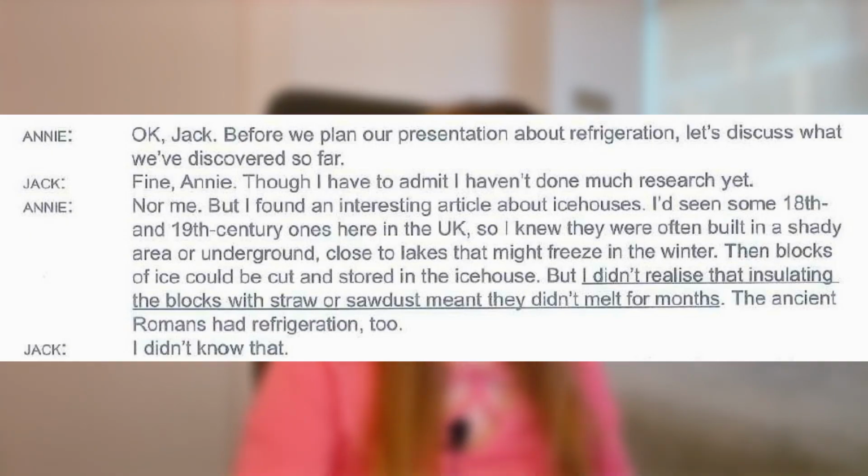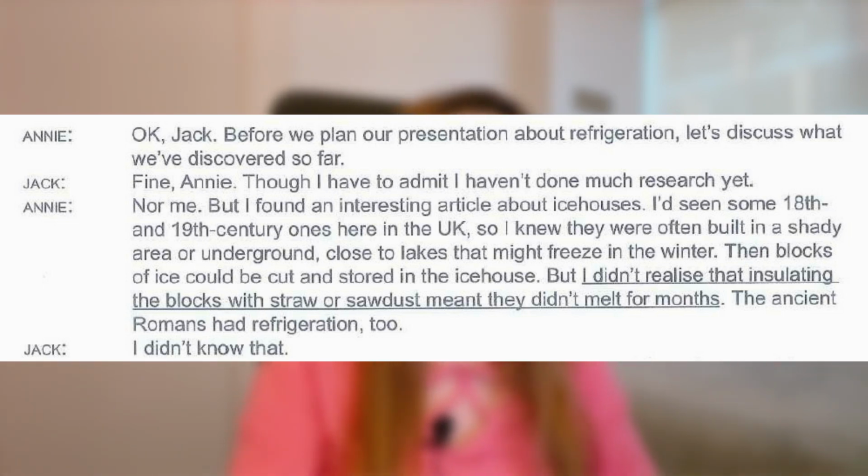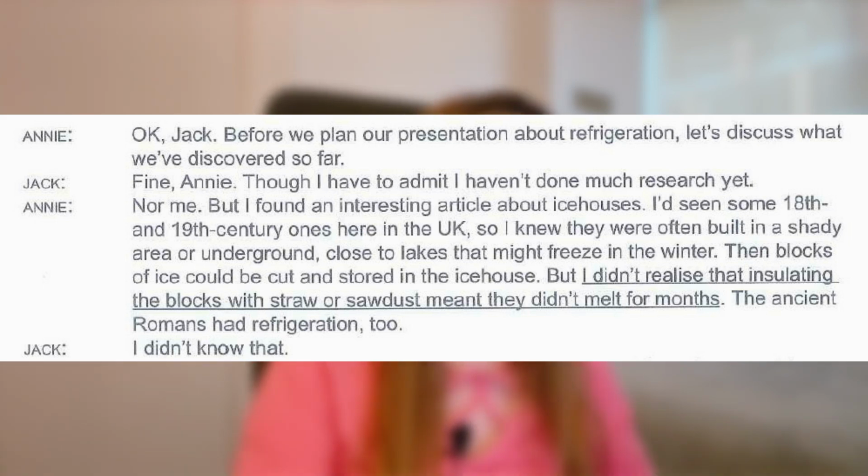Well, here we can see that she starts telling us about this article. She says that she found an interesting article. I'd seen some 18th, 19th century ones here in the UK; she means ice houses. So I knew they were often built in a shady area or underground and close to lakes.